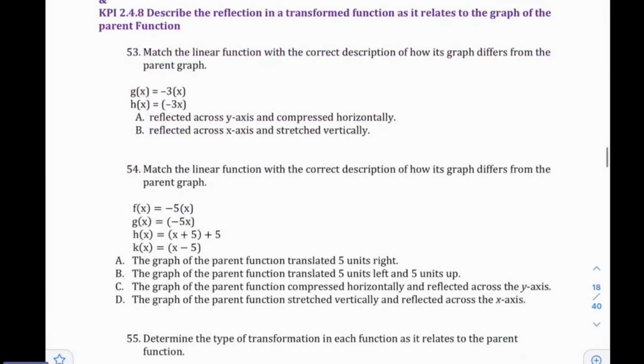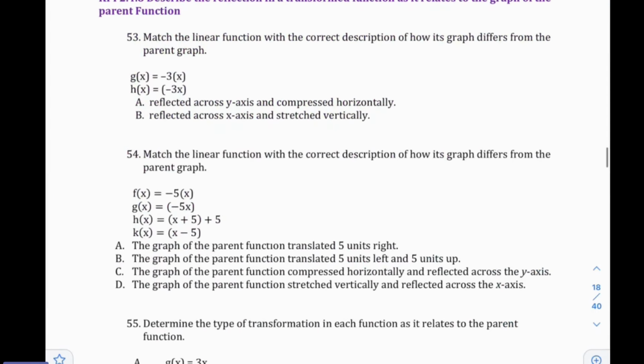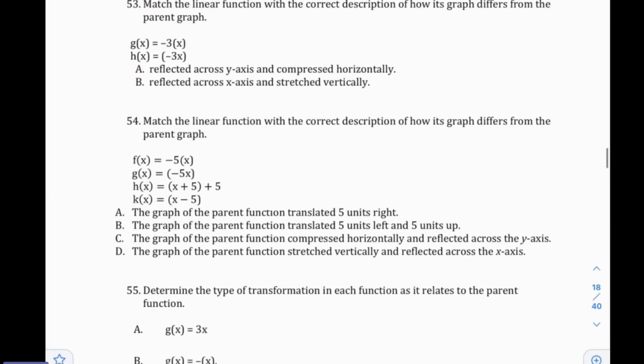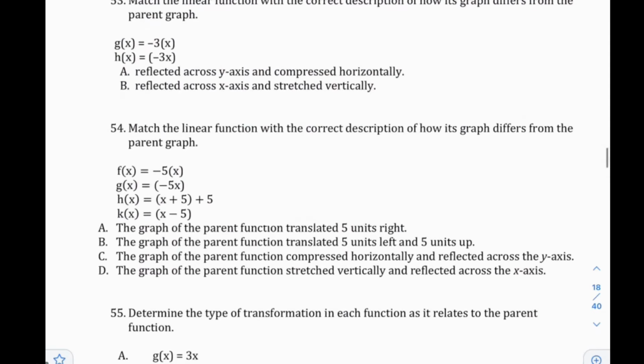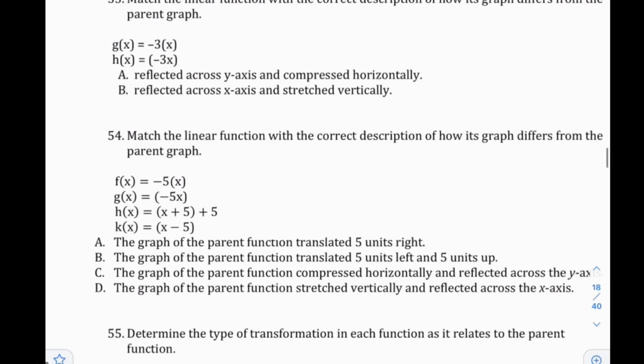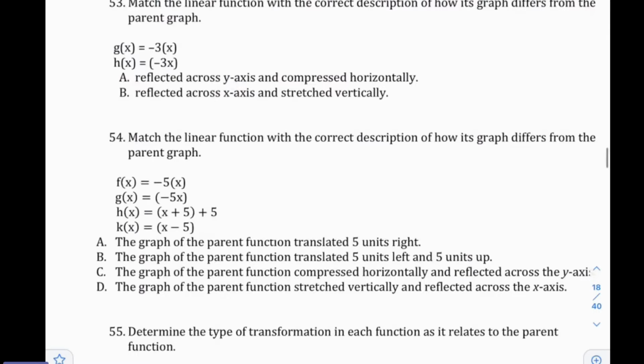Moving now to transformation, describing the transformed function in terms of reflection, stretching, dilation, translation, whatever. So let's start with the first one. Match the linear function with the correct description of how its graph differs from the parent function.